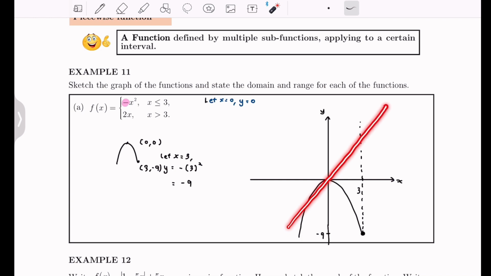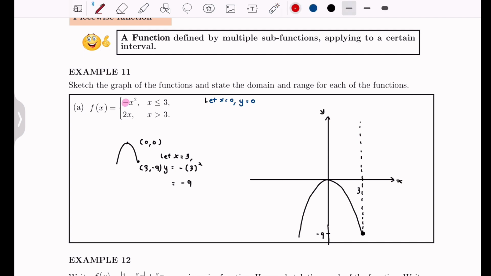But since we're only sketching 2x when x is greater than 3, it means we're going to just draw the upper half of the graph. So we have to know when x equals 3, what is the endpoint? What is the y value when x equals 3?